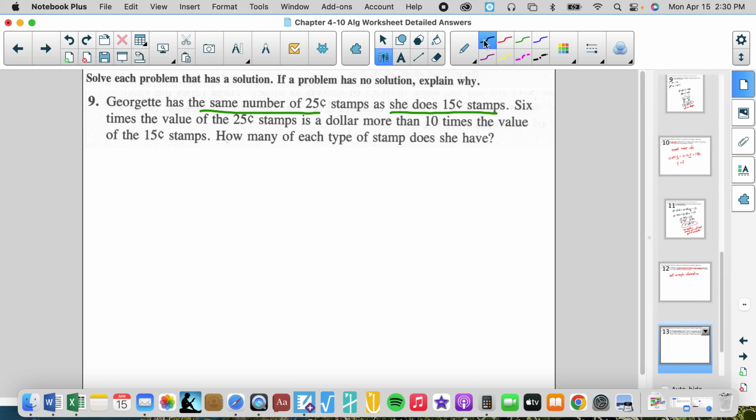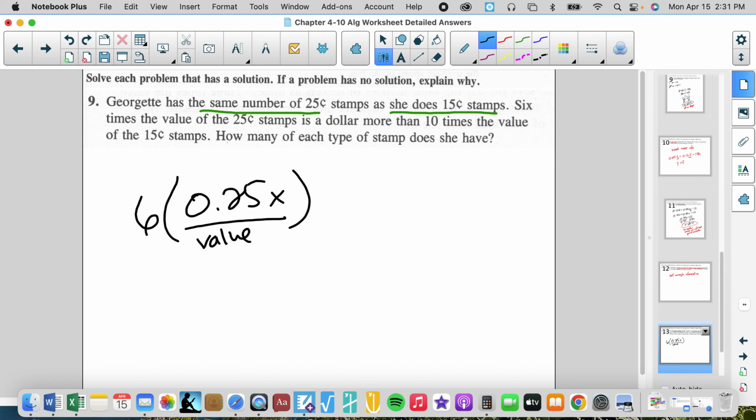She has x 25-cent stamps and the same number of 15-cent stamps. So if we take this and multiply it by 6, because this is the value, it is $1 more than 10 times the value of the 15-cent stamps.